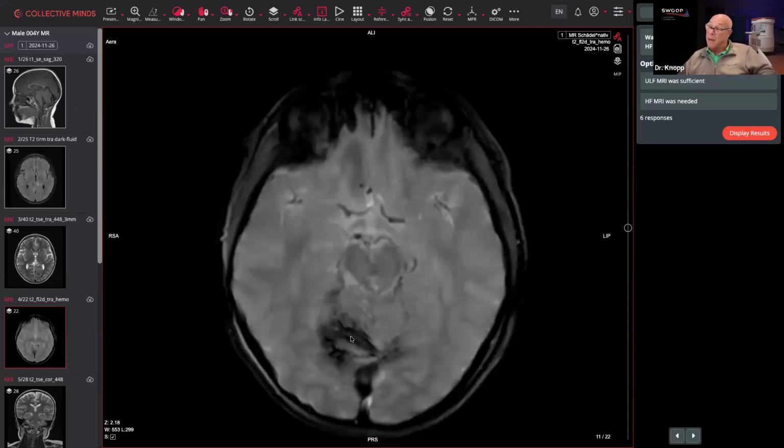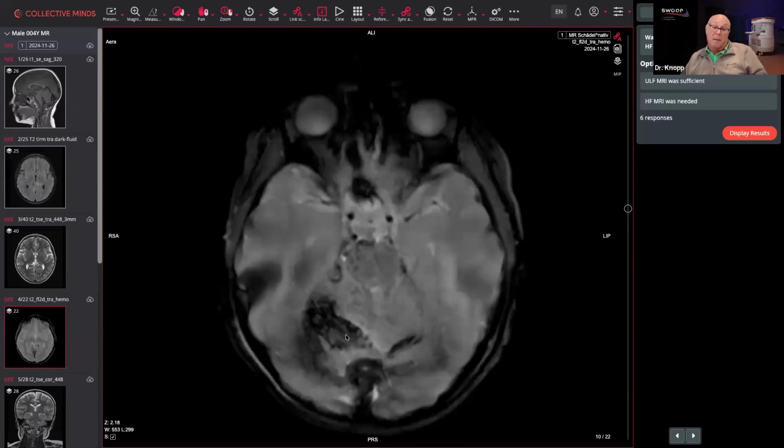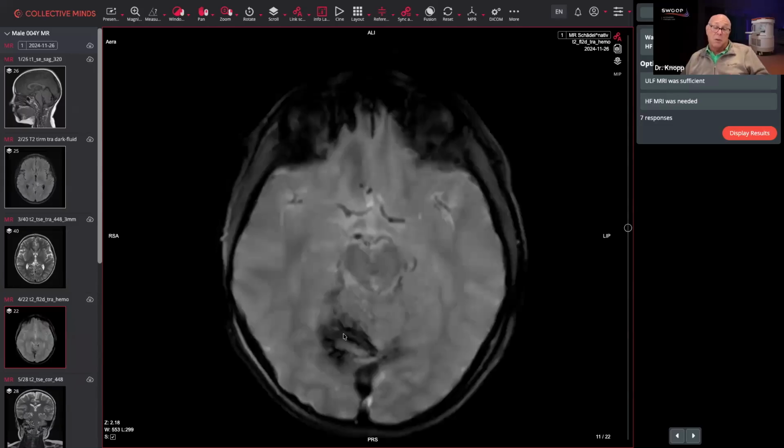So maybe there was subarachnoid blood that was present as well, accounting for the hemorrhage, as a sequel of hemorrhage. So this, I think, confirms and substantiates the diagnosis of this cerebellar AVM with evidence of prior hemorrhage. So the question here, I think it becomes very obvious that we absolutely needed the high field examination.